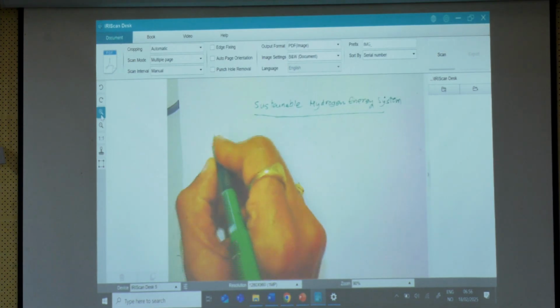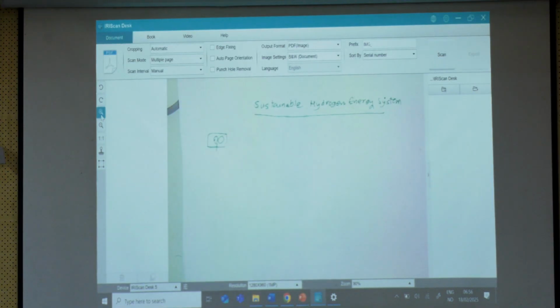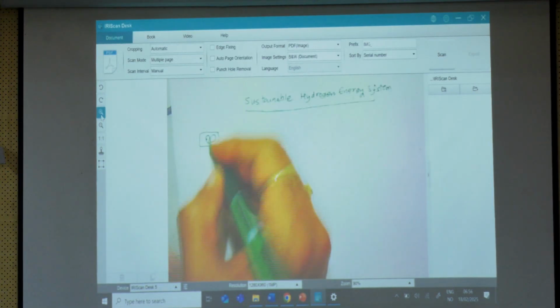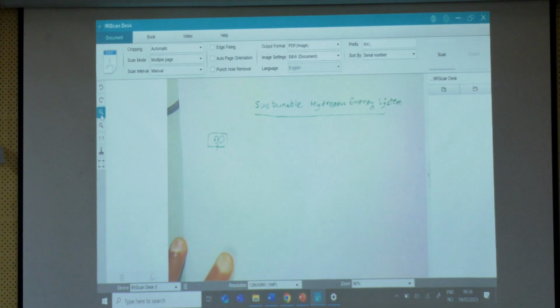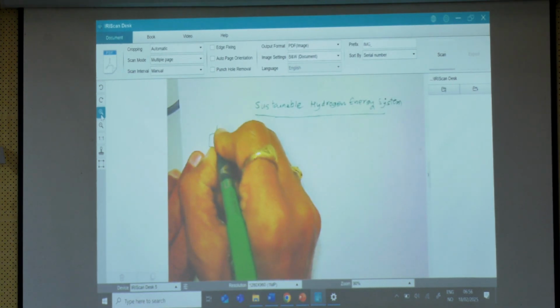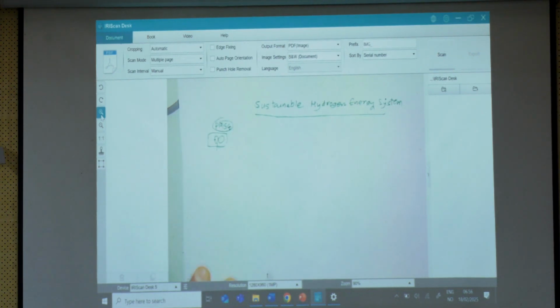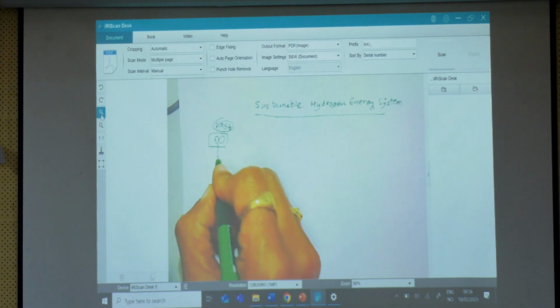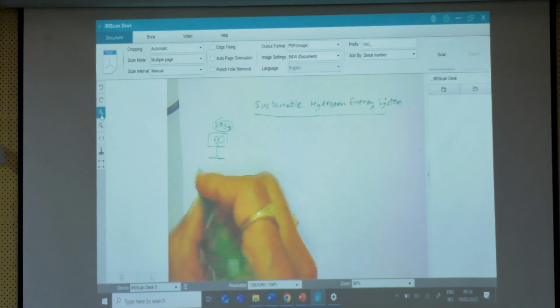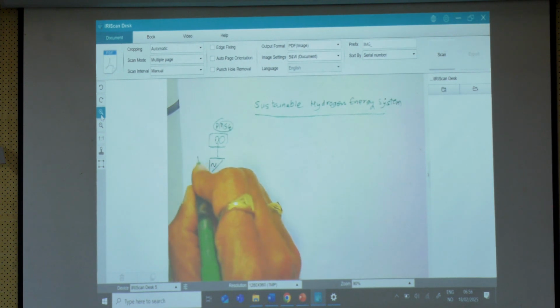We have this wind turbine here. We discussed that this wind turbine, generally for the distributed case, will be a permanent magnet synchronous generator. So this permanent magnet synchronous generator output is going to be variable voltage, variable frequency.